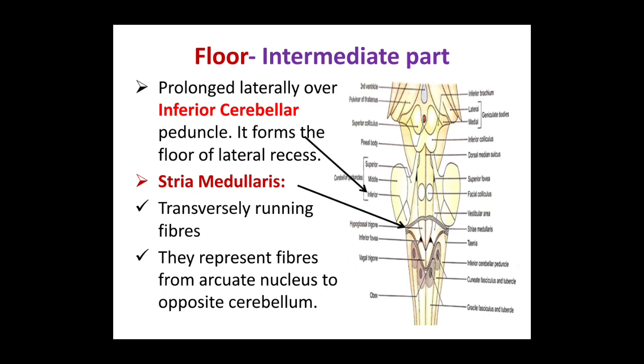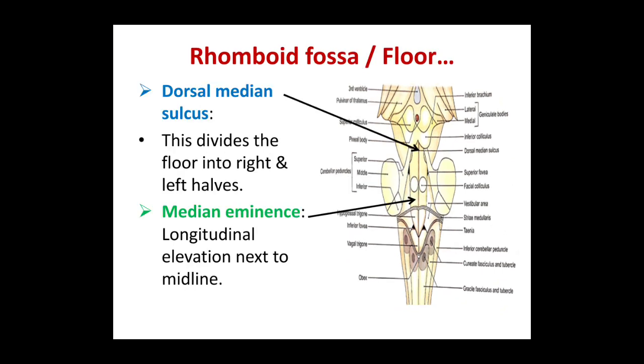The main feature seen here is the stria medullaris, which is made of transversely running fibers. They represent fibers from the arcuate nucleus to the opposite cerebellum. The floor is divided by the dorsal median sulcus into right and left halves.